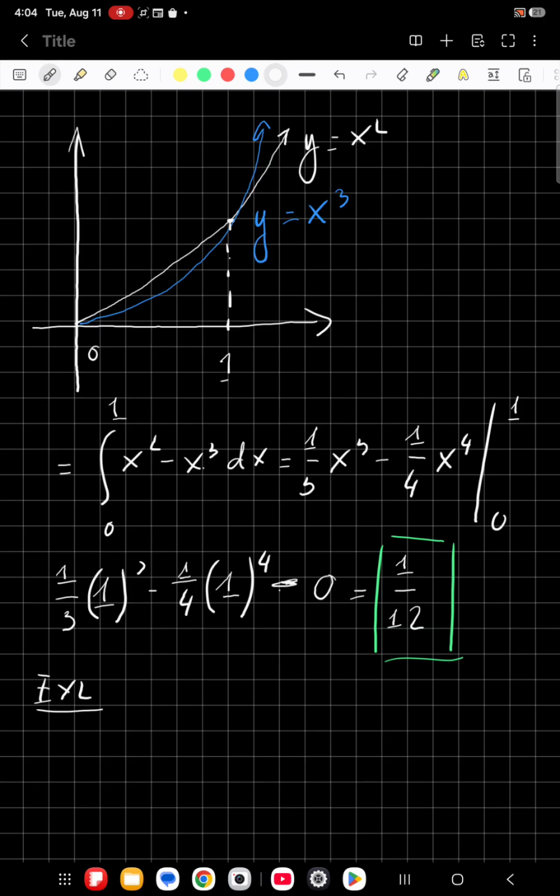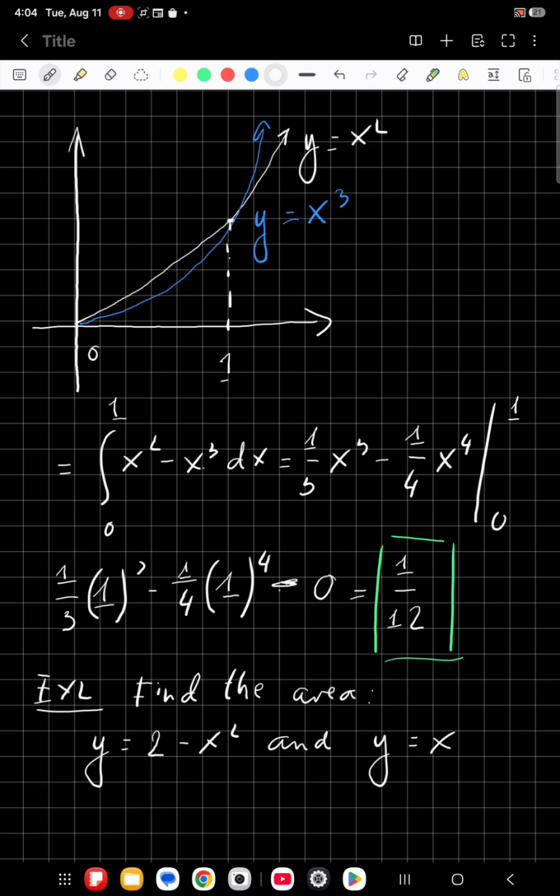And it goes like this. Find the area between two curves again. The curves are y equals 2 minus x squared, that's the first curve, and y equals x.